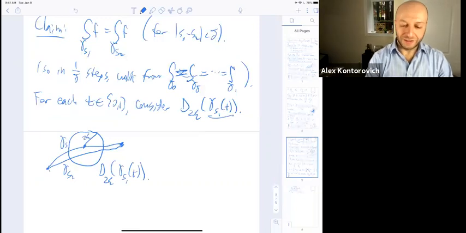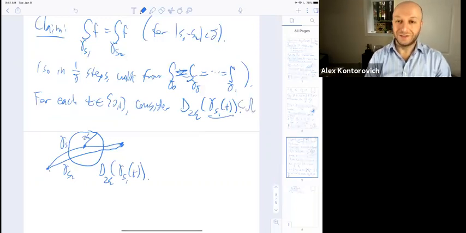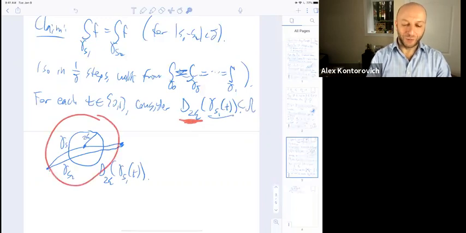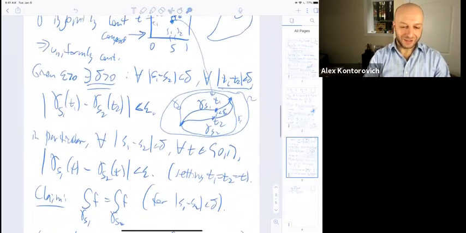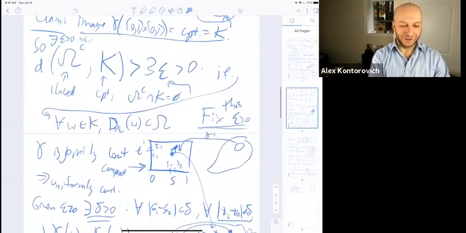First thing is, this stays inside omega because the way epsilon was chosen was so that you had a disk of radius 3 epsilon around every point and still stayed inside omega. If you remember how we chose epsilon, way back here.